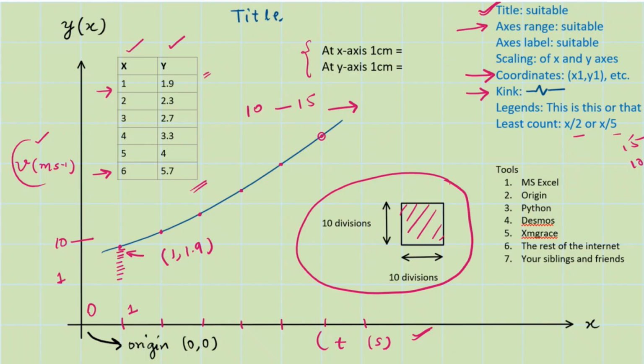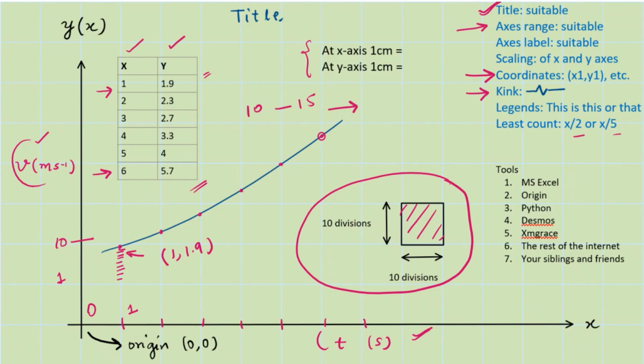So what you do, you use the concept of kink. You make a kink sign here on the graph, and this kink sign represents that this whole region has been shrunk down or folded down. Like if this is a sheet of paper, you can shrink it down by folding it. So this is the concept of kink.